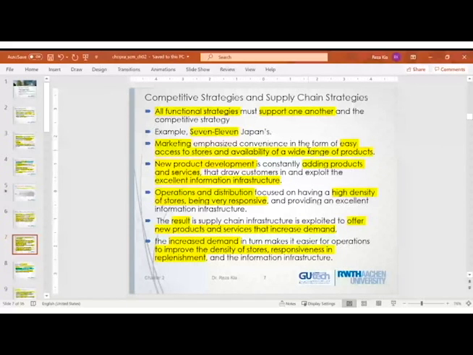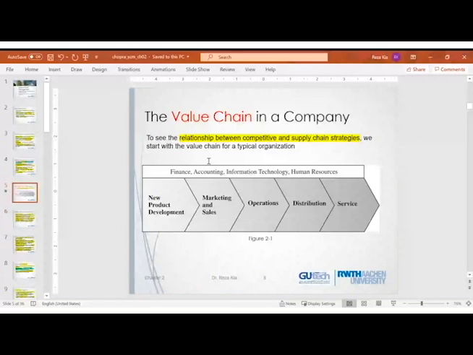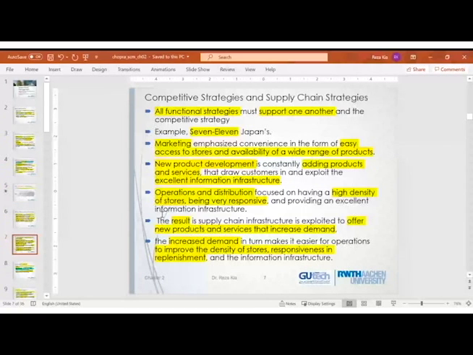And also in the product development strategy, where was it? In the first stage of the value chain. In the product development strategy, we are saying that we are constantly adding new products and services in our supply chain.